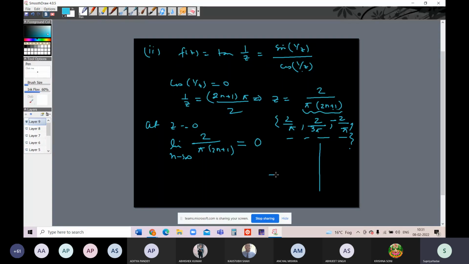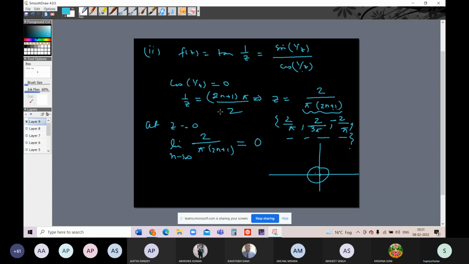It means that if we take any neighborhood of this 0, that neighborhood of z is equal to 0 contains many singularities other than this point z is equal to 0. So we will not get a single neighborhood around this point z is equal to 0 where z is equal to 0 is the only singularity of that function.